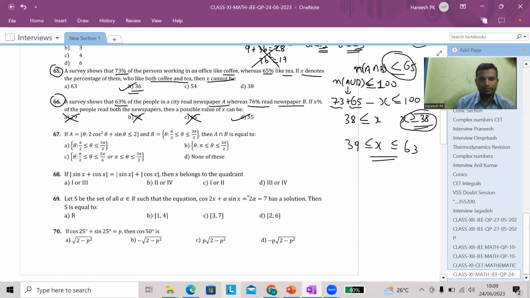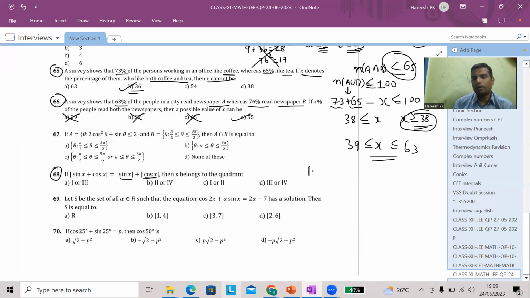68th is again an easy question. Mod of sin x plus cos x is equal to mod sin x plus mod cos x. So this is an important property of the modulus function.